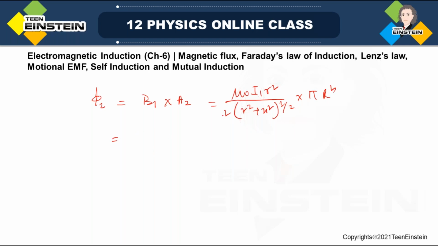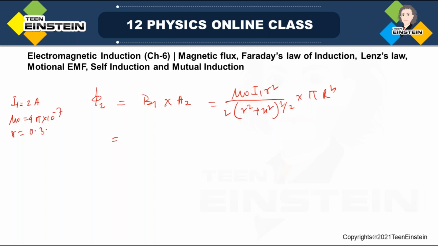If we put the values, suppose this I1 was given as, see, I'll write the values. I1 was given as 2 ampere. Mu0 we know 4 pi into 10 to the power minus 7 in SI unit, and small r was given as 0.3 centimeter.